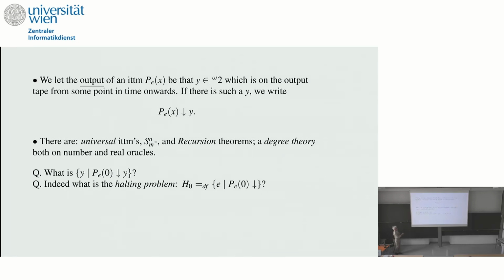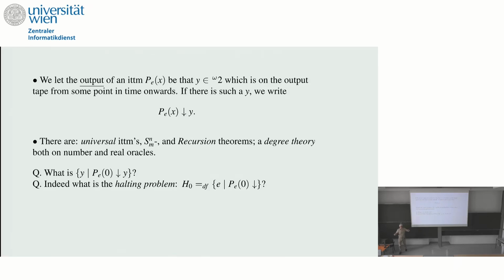We'll say the output of an ITTM, and remember that the programs here are just ordinary Turing programs. So P_e just lists the Turing programs. What we've done is just tweak the architecture. So on an input x in Cantor space, on the input tape, it's going to be that y on the output tape, the stable y, if it stabilizes down to some value, we consider that to be the output.